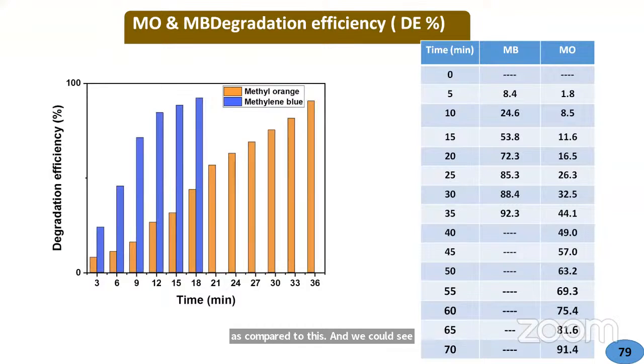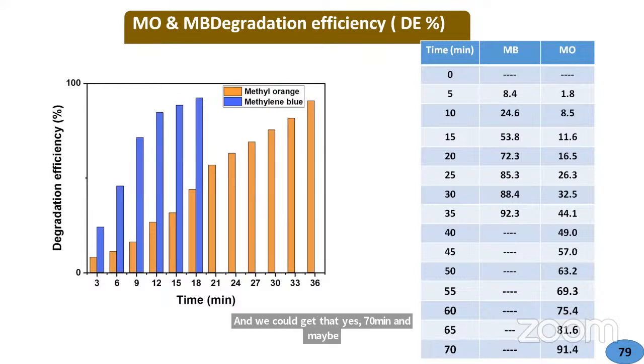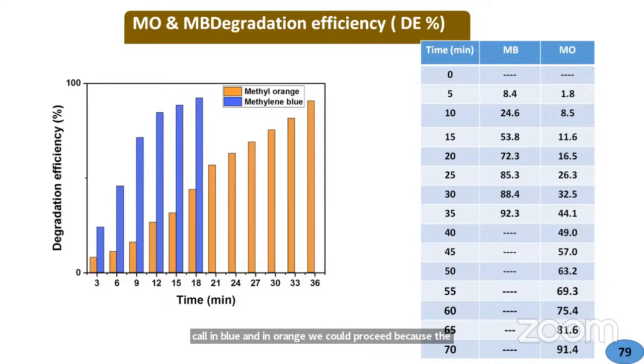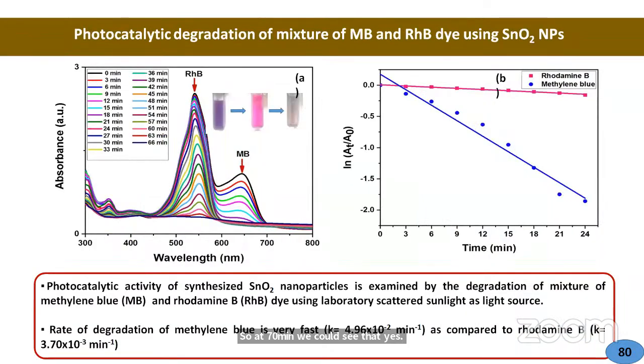We could get 35 minutes for methylene blue, and for methyl orange we could proceed to 70 minutes because the efficiency was a little higher with more time. At 70 minutes most of the efficiency is at its maximum. So that is a great application of these tin nanomaterials, methylene blue photocatalytic degradation.